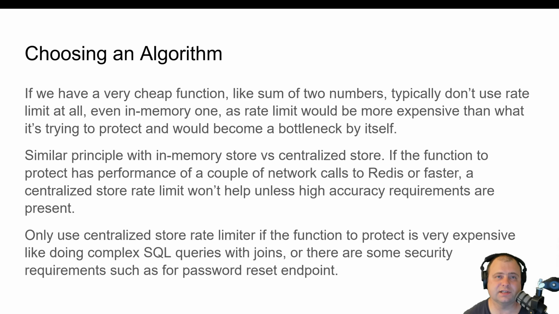Imagine it's some validation of a password or something, where you can compute some hash with salt. I'm not going to go into the specifics of what it can be, but for that one you may just have different considerations, and you don't want to limit how many times this is called.